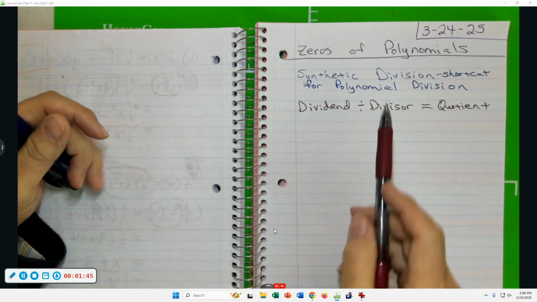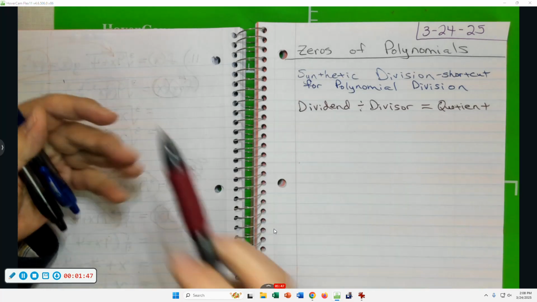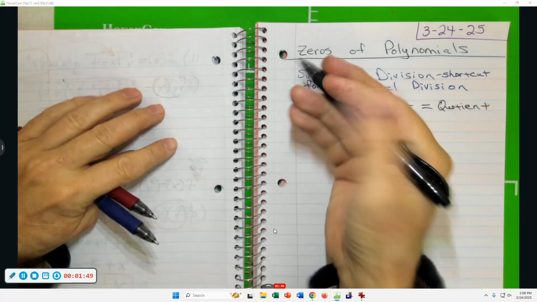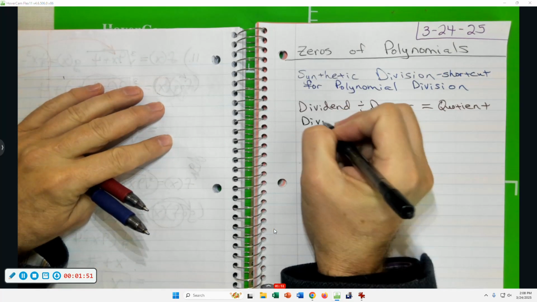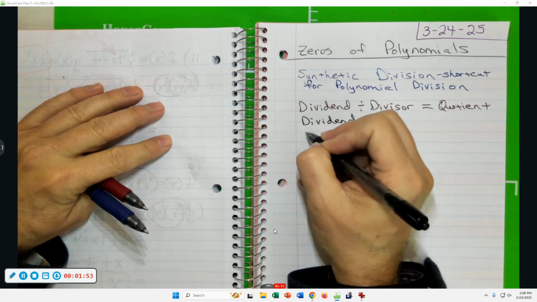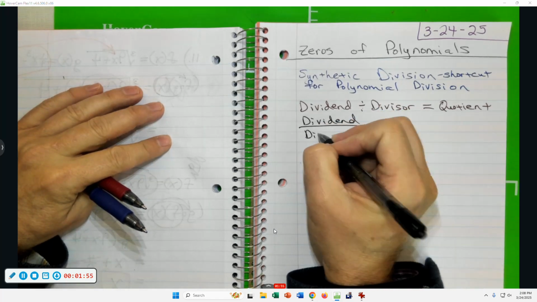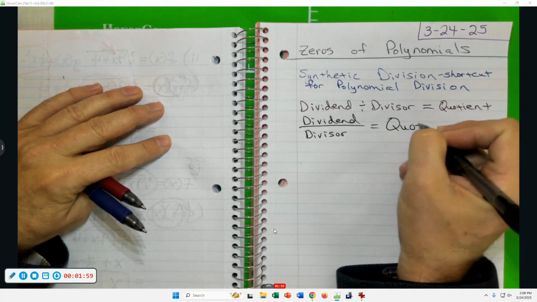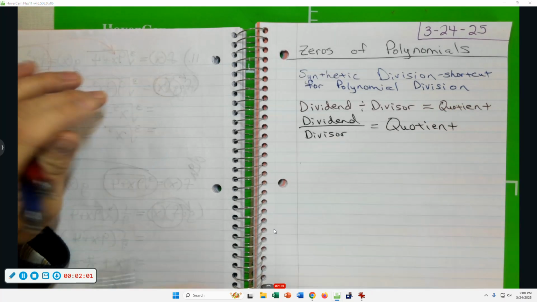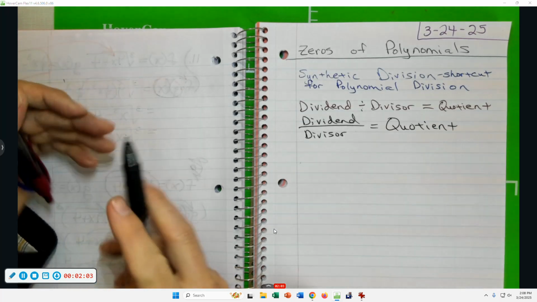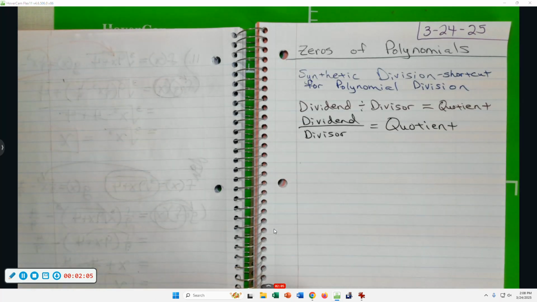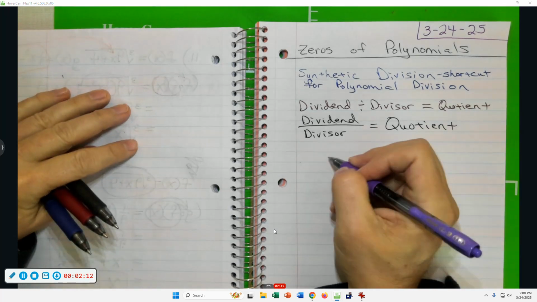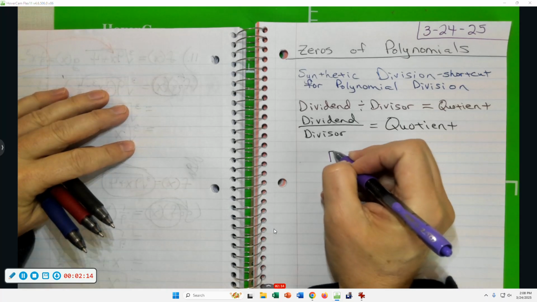Another way of expressing division is the old fraction bar: dividend over divisor is equal to quotient. And still another way is the old long division symbol.